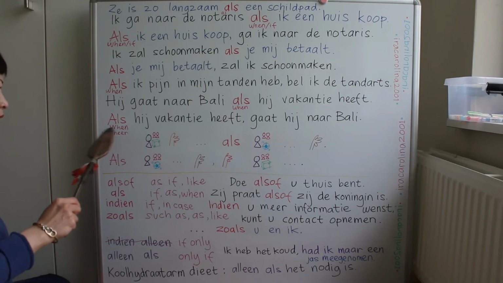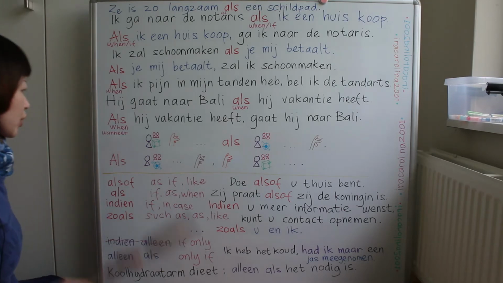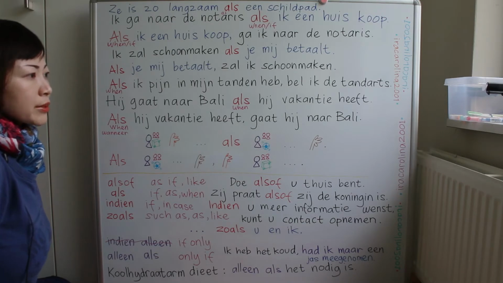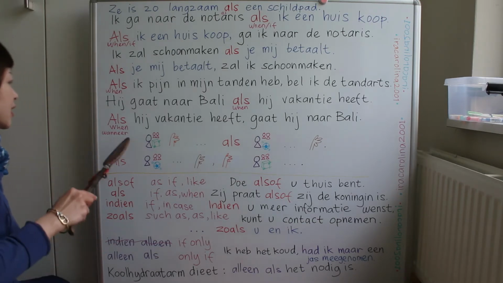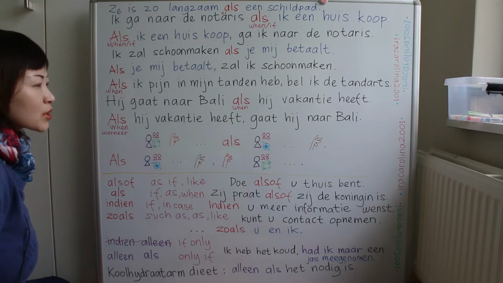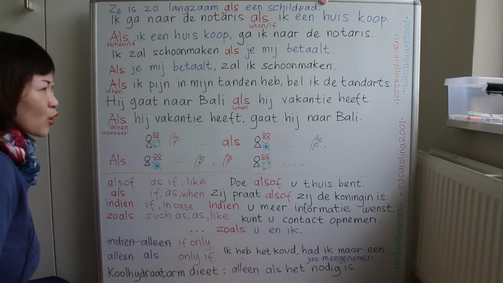It means "when". "Wanneer" itself is a Dutch word. It means "when", "wanneer". But sometimes when you use "als", it can also give the meaning of "wanneer", of "when".